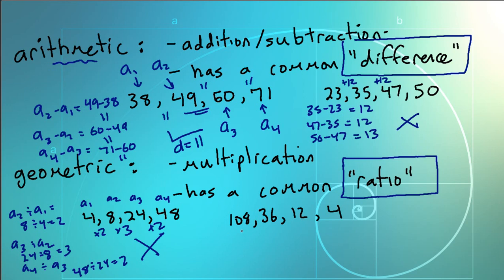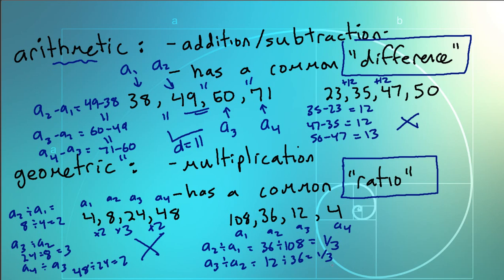So again, A1, A2, A3, A4. If I want to find that common ratio, A2 divided by A1. So that's going to be 36 divided by 108. Well, that's a third, or 0.3 repeated. And then the next one would be A3 divided by A2. So that's 12 divided by 36.